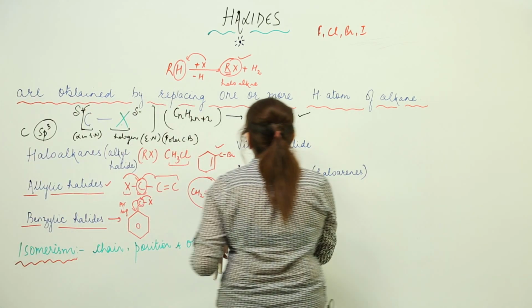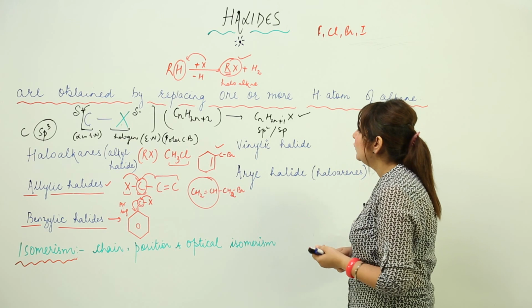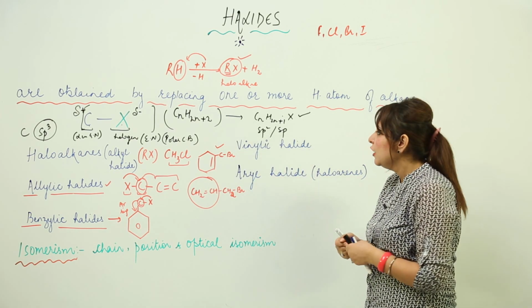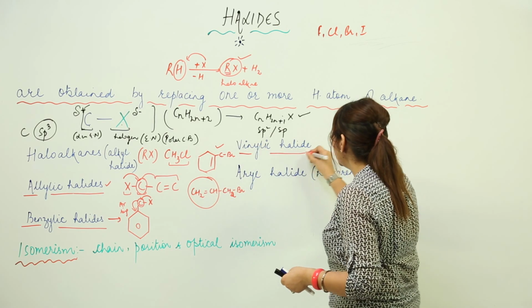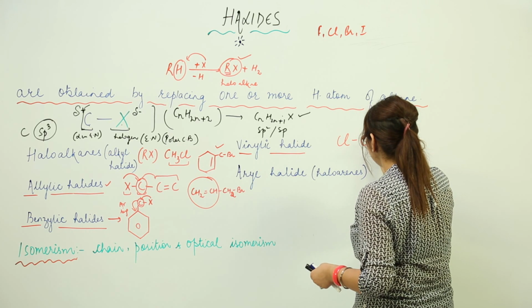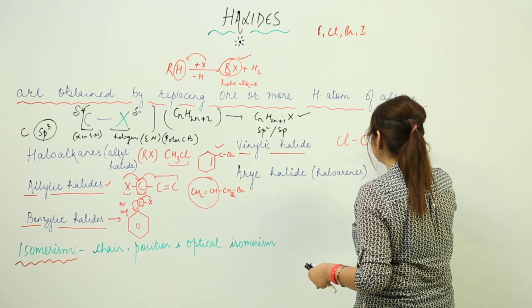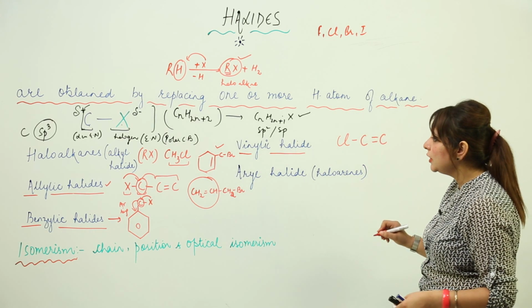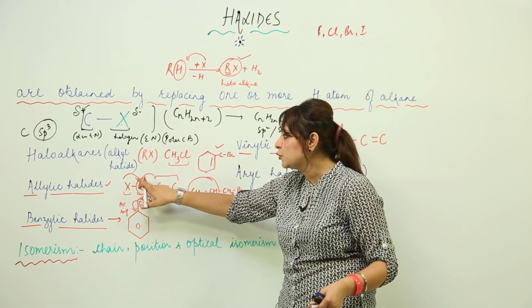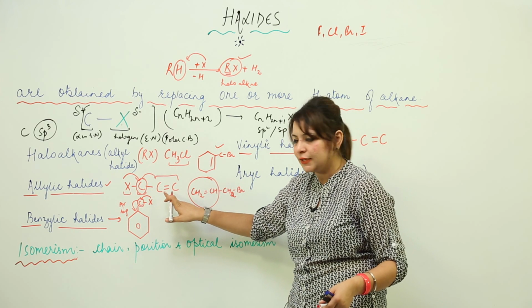And coming to sp2 and sp hybridized, we have two kinds of compounds, vinylic halides and aryl halides. Vinylic halides are those in which the halogen is directly attached to the carbon which is a part of an unsaturated system. So there is a difference between allylic and vinylic. In the allylic it is attached to a carbon which is further attached to an unsaturated system.